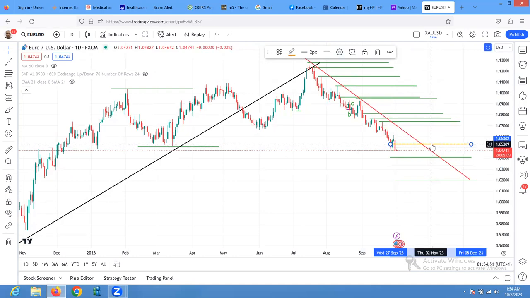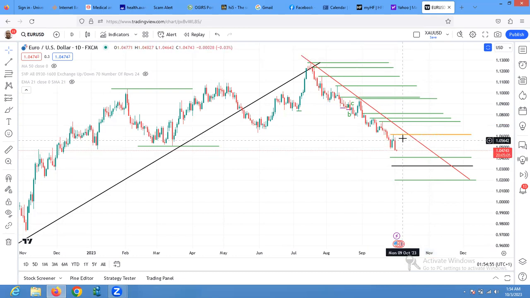This is the first structure now that has been created that we may be looking to break. And once we break that, then we know that probably we are going more, advancing more. So this is the first structure, and this is a structure of 1 and a 2 and a 3 and a 4, and probably this is a 5. That is what it's looking like now.